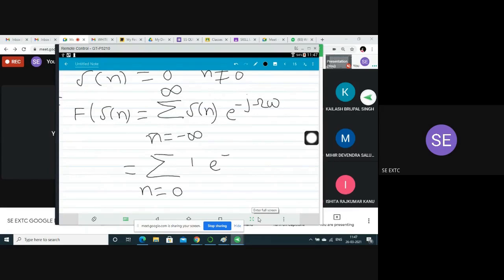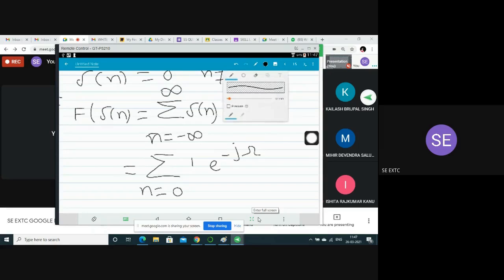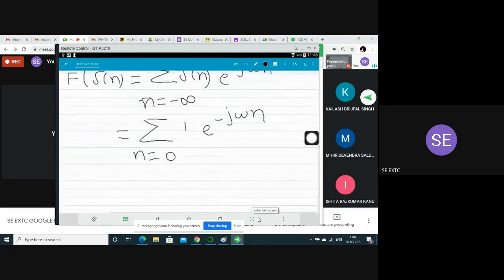So e to the power minus j omega n. Now here we have to put the value of n equal to 0.